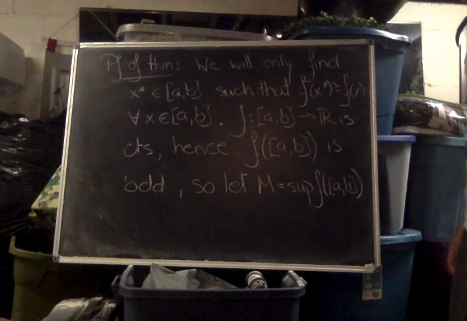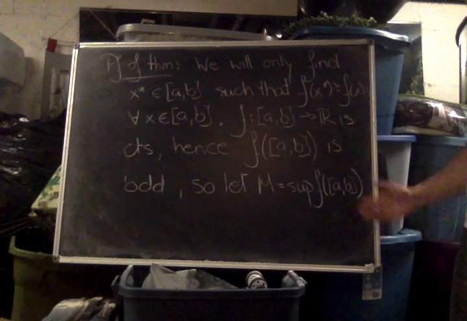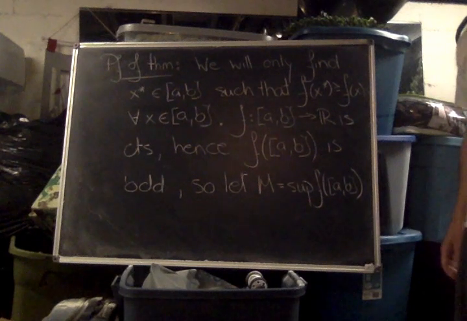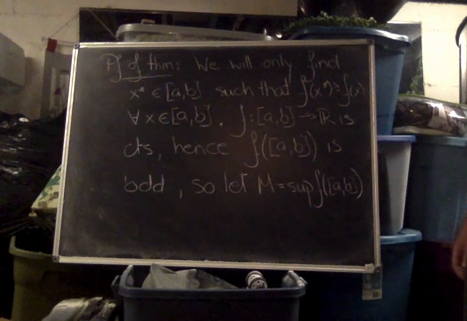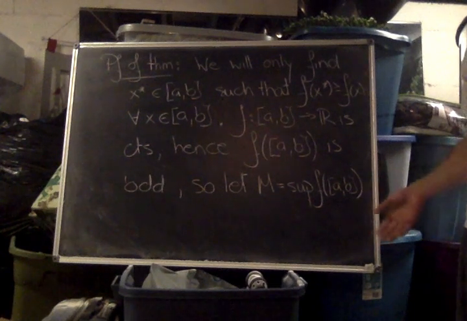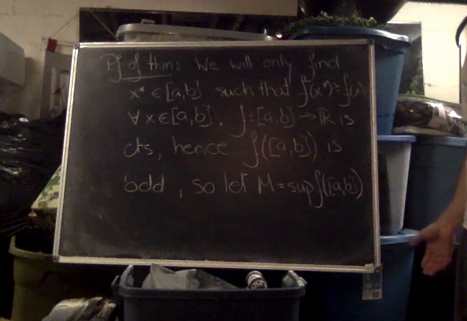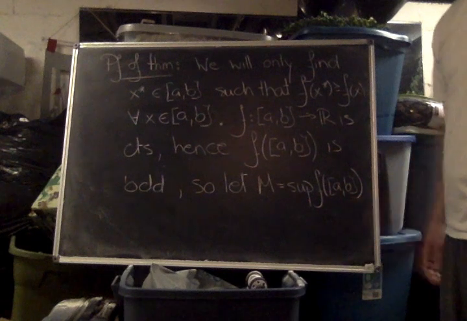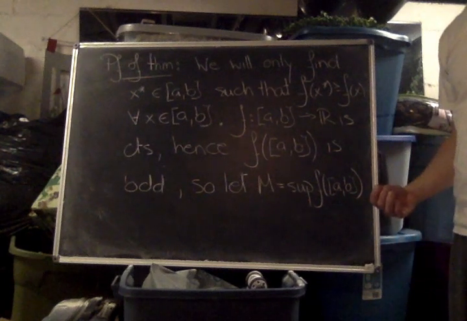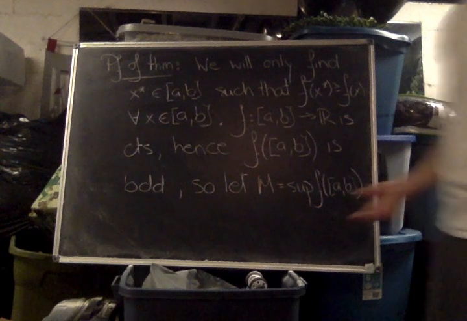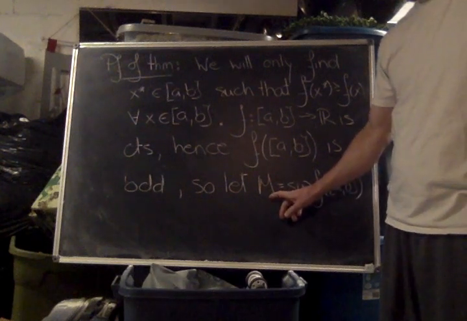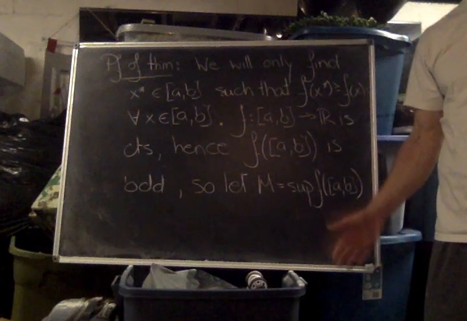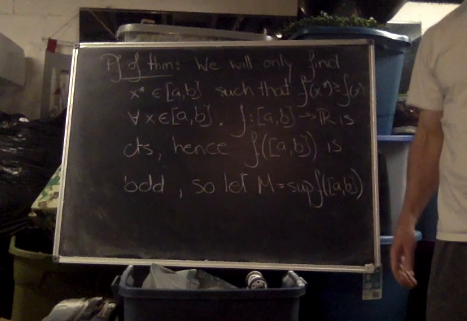Okay, so that is the supremum of all the possible values of the function f on [a, b]. And the idea is that for every n in the natural numbers, we're going to find some point in this interval from a to b such that f of that point is, of course, necessarily less than or equal to m, but on the other hand, thanks to the properties of the supremum, is strictly bigger than m minus 1 over n.